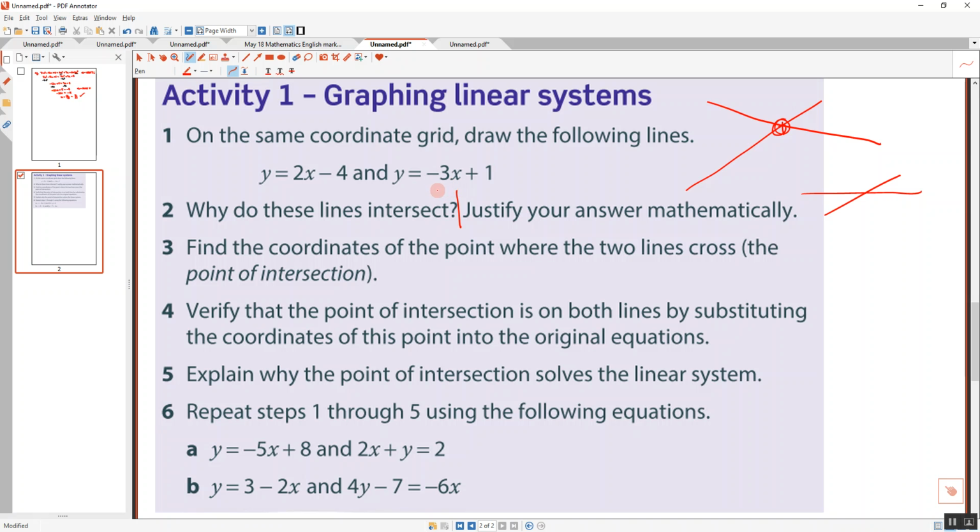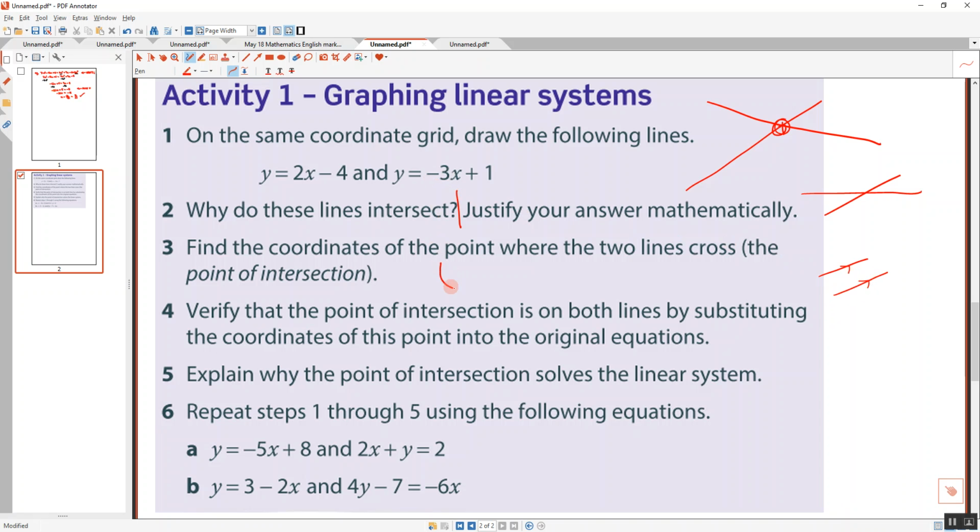Does that make sense? Yes. Just remind me, if we had two equations, when's the only case when they do not intersect? When they're parallel, right? That means that they have the same slope or same gradient.